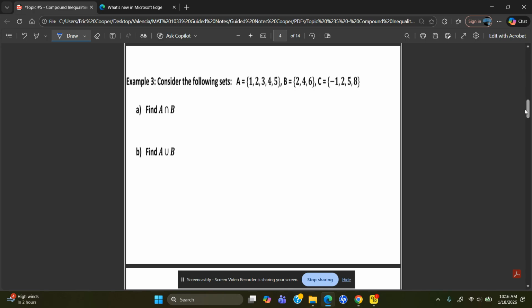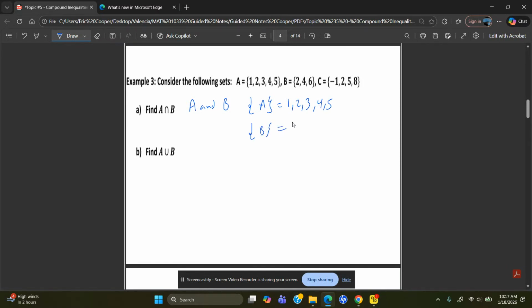Let's take a look at some examples. So I've got three sets, A, B, and C, and they each contain different numbers. First, I want to find A and B, meaning I need what is in both A and B. So I write out A here. I see it's 1, 2, 3, 4, 5.